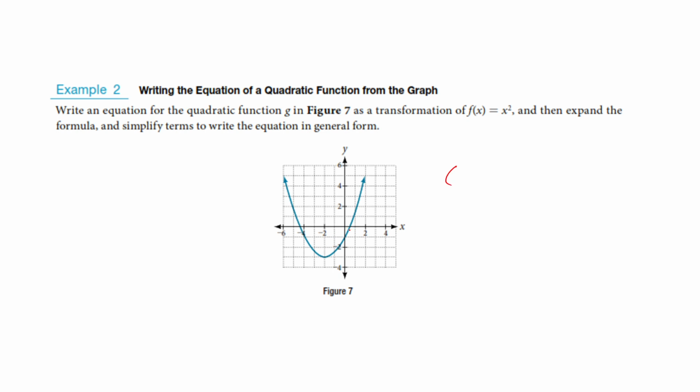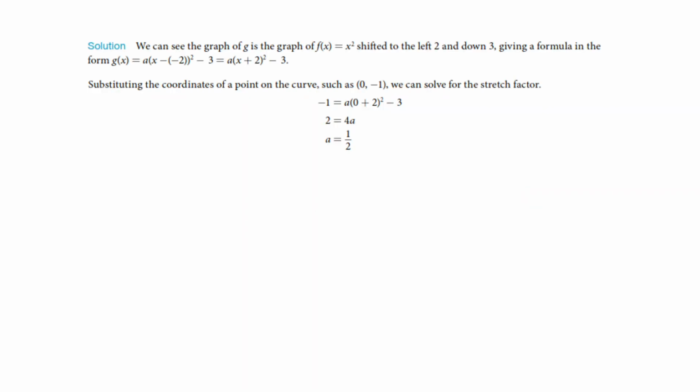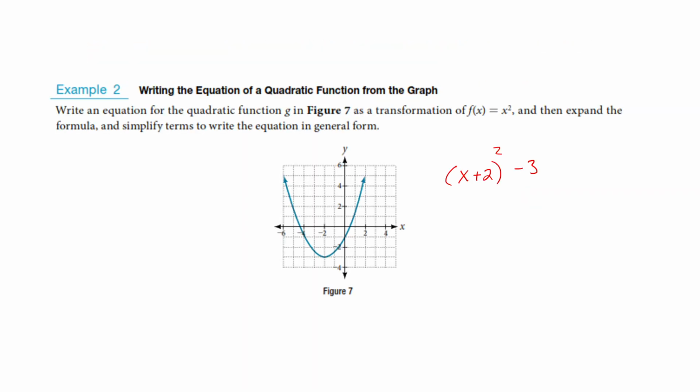We went back, so here's the vertex. It's been moved back 2. Okay, well, moving back 2 would look like this, and then it moved down 3. Okay, let's see, are they doing what I think they're doing? Yeah, this is not the greatest question.